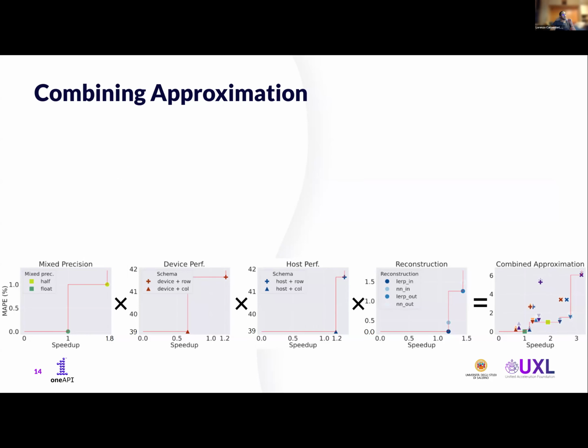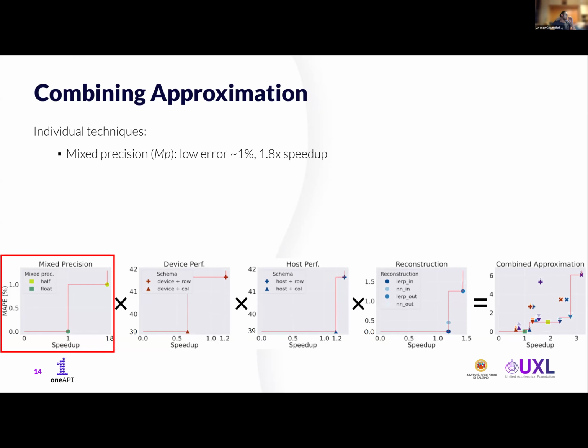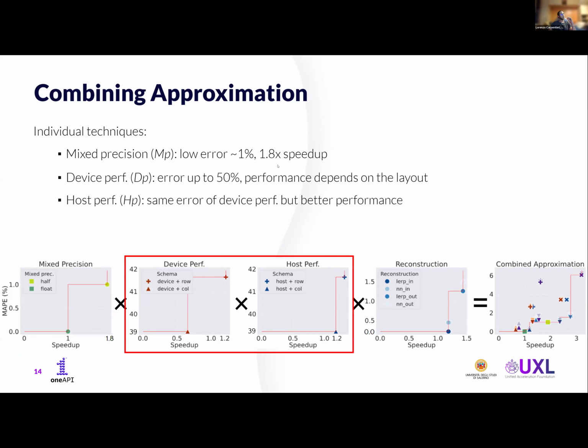Another very important thing of SYprox is that we can combine approximations. But why is this important? First of all, if we look at individual techniques like mixed precision, we notice a low error, like 1% for this image processing application, and we can achieve up to 1.8 times speedup.